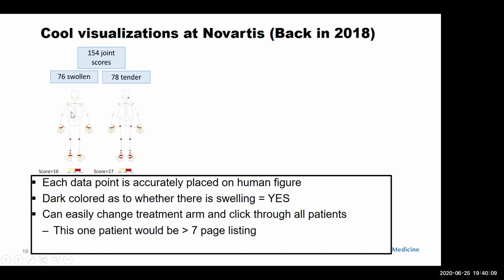And so then what's nice is you can easily change the treatment group, you can change the patients, you can click through the patients in the study. And interestingly here, for this one patient, that's actually a 7-page listing. And yet you can see all of that information in one very easily digestible plot. So this is kind of a neat way in which people are rethinking the way they view this information.